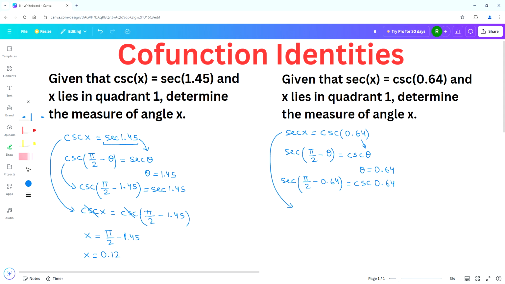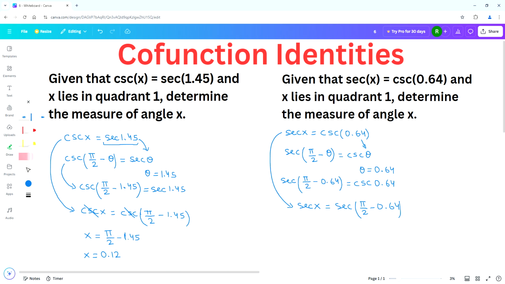So secant x is equal to, now we can solve for x.